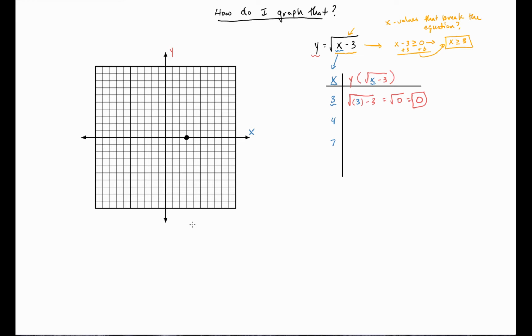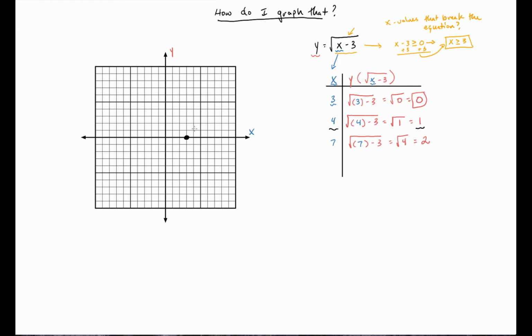Now the next number that I picked was 4. So let's do the same thing for 4, and then since I already picked 7, we'll do it for 7 as well. So we have 2 new points. I have the point 4, 1.